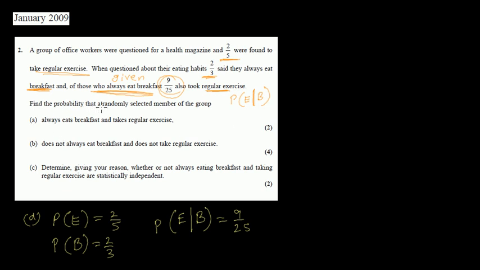Find the probability that a randomly selected member of the group always eats breakfast and takes regular exercise. And means intersection. We have to find the probability of breakfast intersection exercise. For this we have to use the formula. Let me review it a little bit.